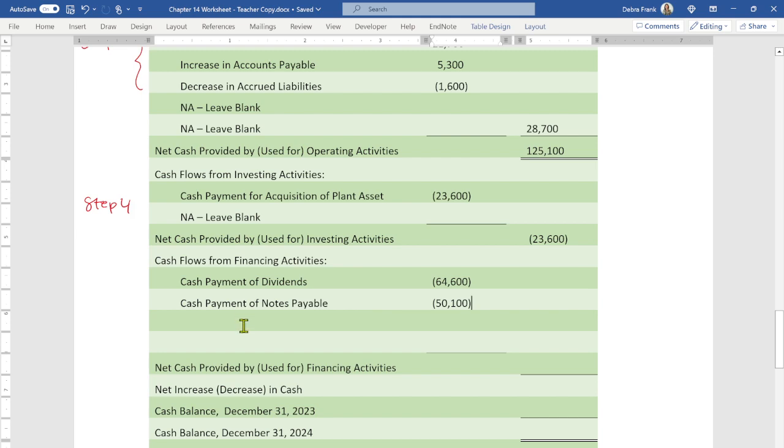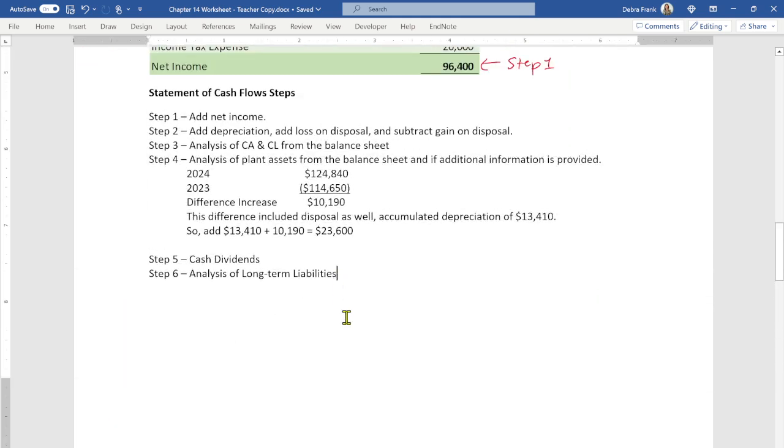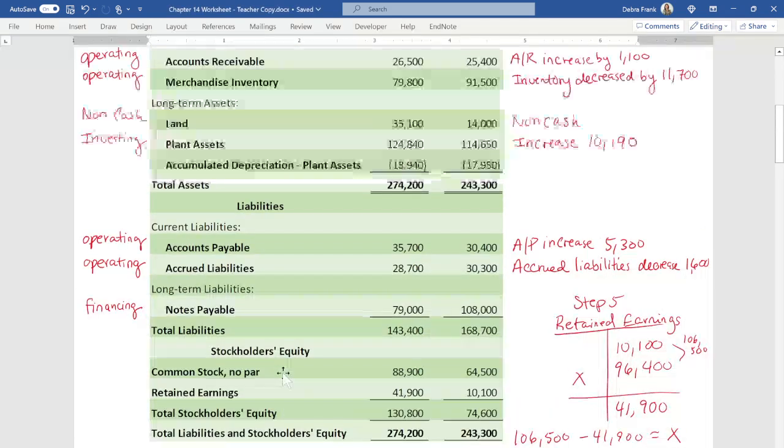One more step, step 7. And this would be just issuance of common stock. We have to do a little bit more analysis of this one as well. Let's look at our stock, and we can see that it went up.